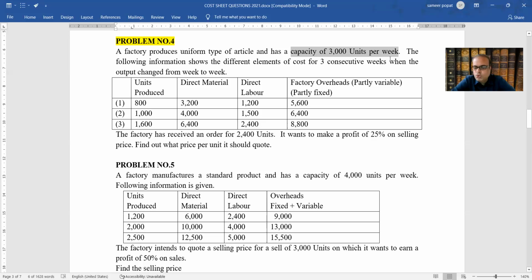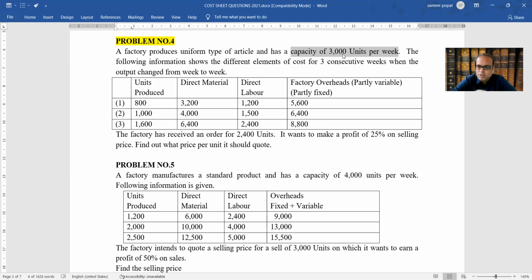Even if you want to manufacture more than 3,000 units, that won't be possible because the capacity is restricted. If product demand is not there, you can manufacture less than 3,000. It is not compulsory that every time you manufacture 3,000 units. You can manufacture less, but you cannot manufacture more than 3,000.